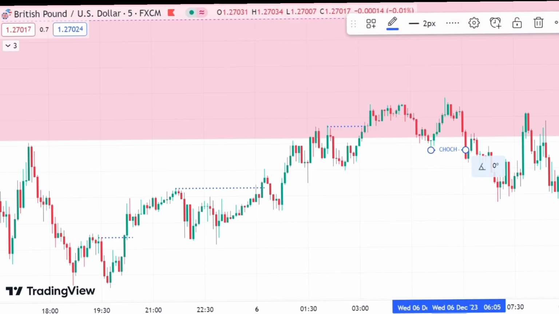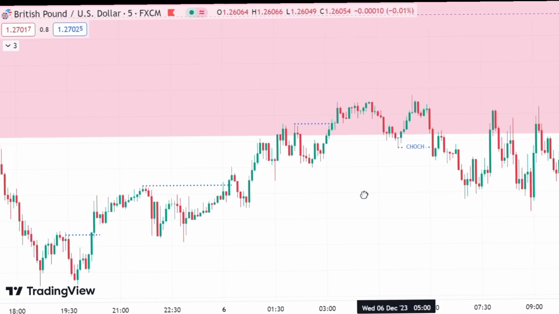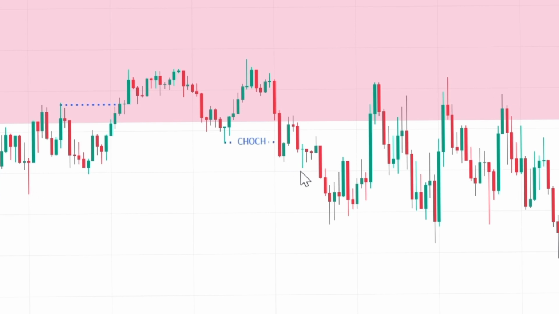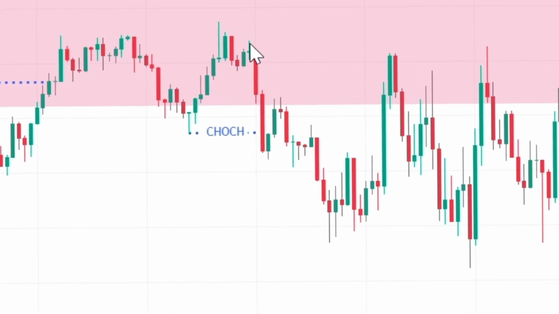So after the change in character, the third rule states that on that lower time frame, after the change in character, mark out another institutional reference point. So over here, I can see another order block after we experienced a change in character.